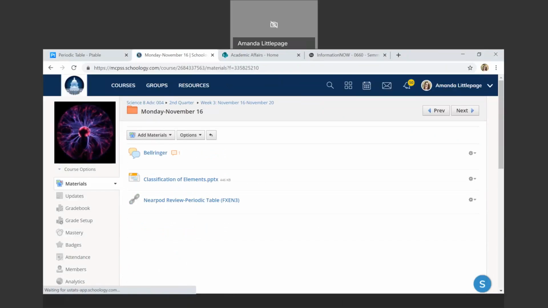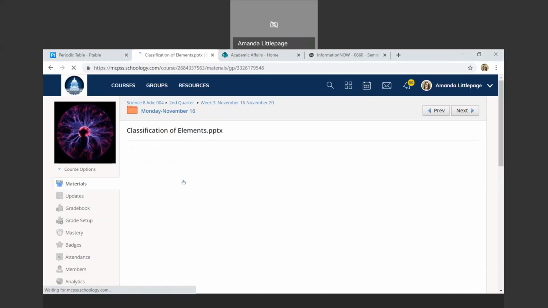All right, so in the Monday folder, and this should be either in Monday or Tuesday folder. Okay, so if you are a student and you missed a day during the week, somewhere in there, there's a PowerPoint labeled Classification of Elements. If you would like to open that and download it and review, you can do so. Okay.